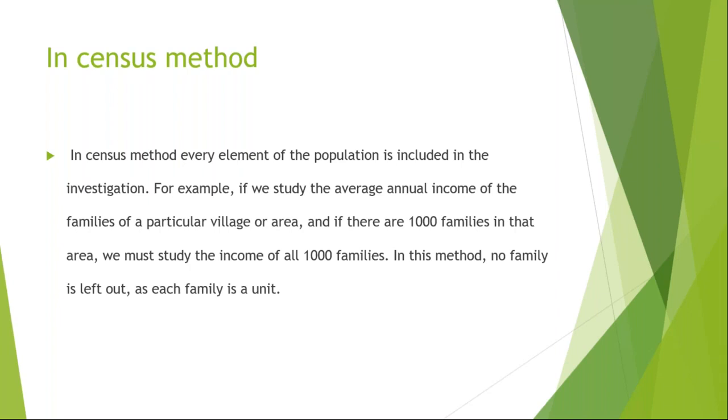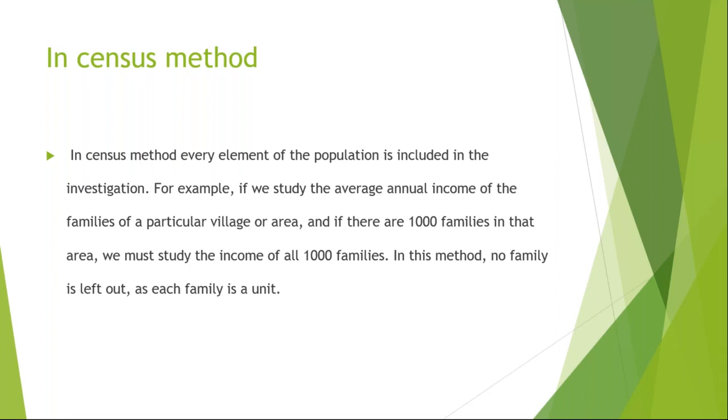Take the example of studying the average annual income of families of a particular village or area, where there are 1,000 families. It's easy. You can study all the families, because we have been able to determine the total number of families living in that village, which is 1,000. So it's a finite population, and it's very easy to include everybody.